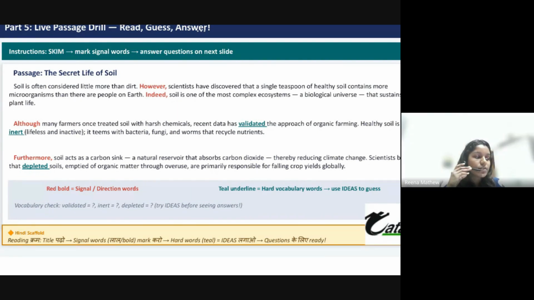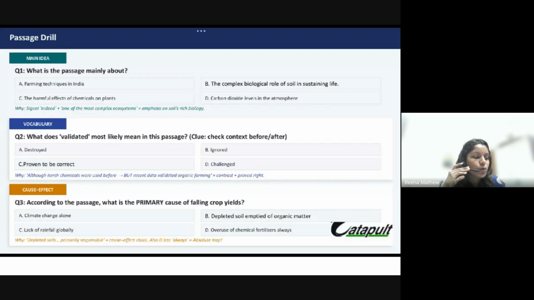So how do you do this? So validated word ke aage, you see the signal word is although. Although many farmers once treated soil with harsh chemicals, recent data has validated the approach of organic farming.